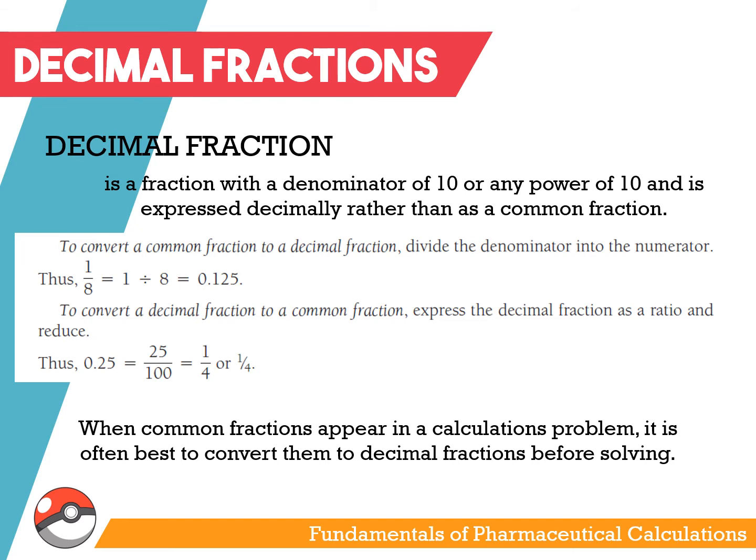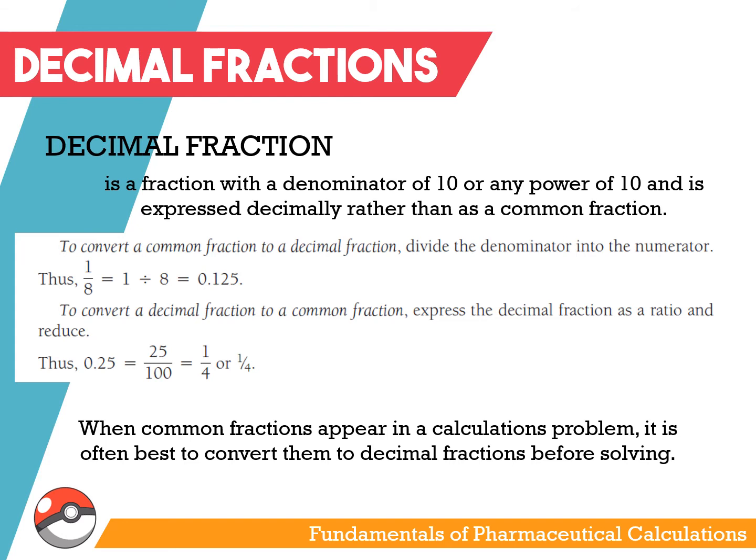And to convert this back to a common fraction, you can express this decimal fraction as a ratio and reduce. So for example, 0.25 is also equal to 25 over 100. And since this can be simplified, we will have 1 over 4 or 1/4.